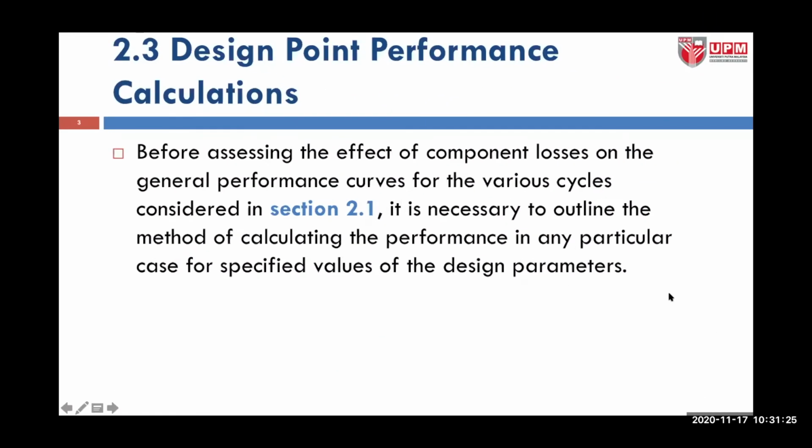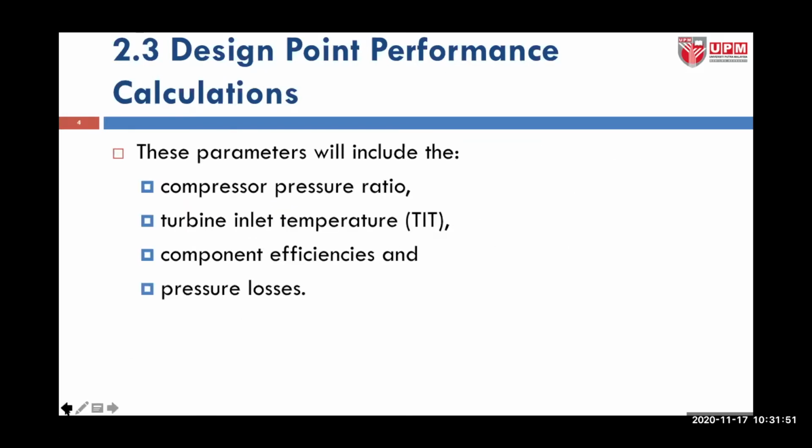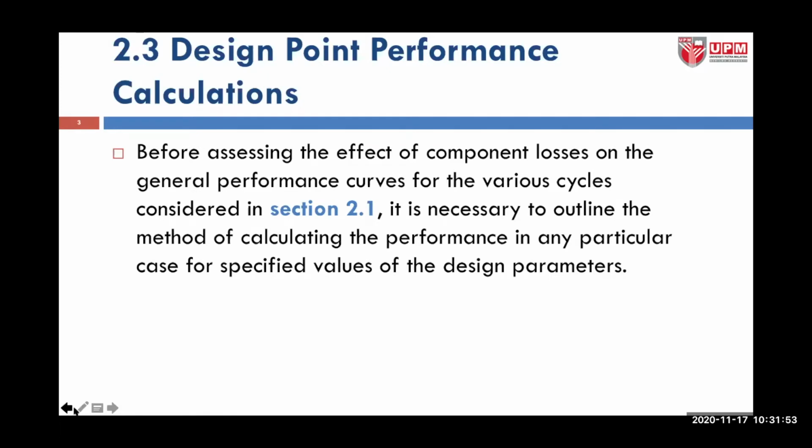Okay, so before assessing the effect of component losses on the general performance curve for the various cycles considered in our previous section, which is section 2.1, the ideal cycle, it is necessary to outline the method of calculating the performance in any particular case for specified values of the design parameters.